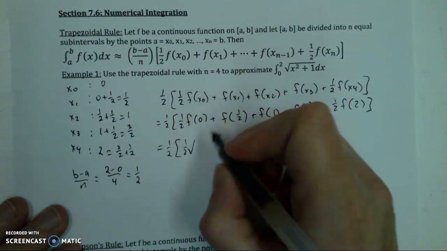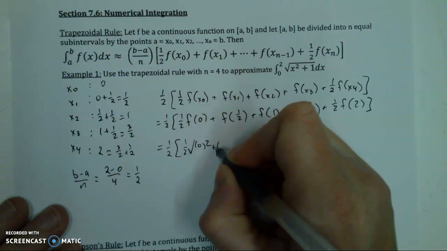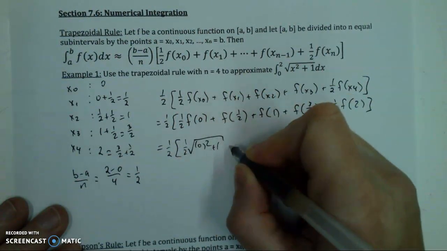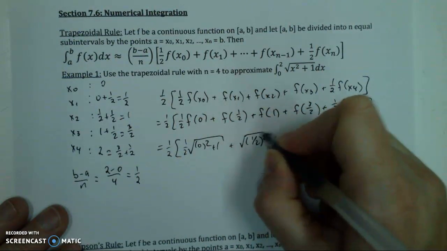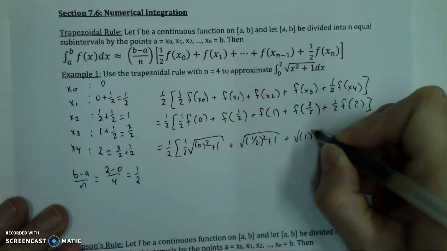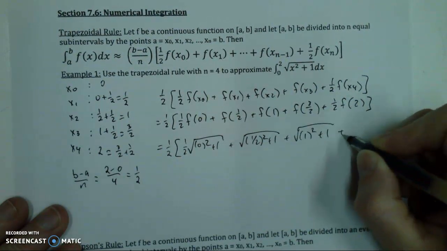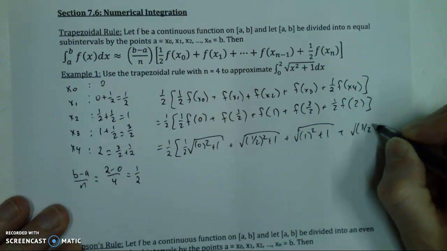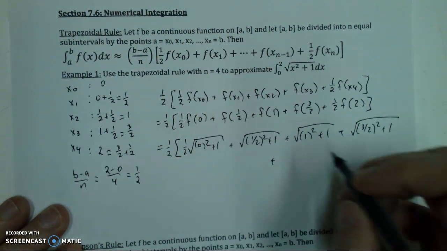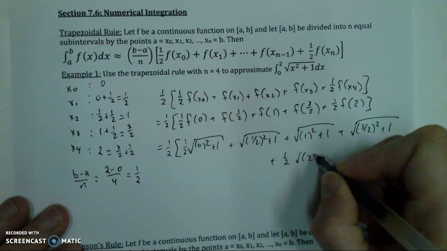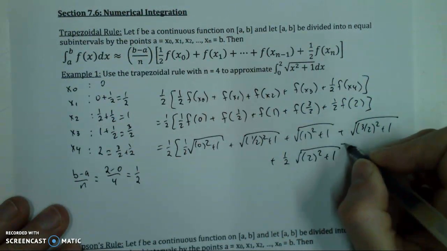So 1/2 times the square root of 0 squared plus 1 plus the square root of 1/2 squared plus 1 plus the square root of 1 squared plus 1 plus the square root of 3 halves squared plus 1. I'm going to have to drop down a line here because I've run out of room. So plus 1/2 times the square root of 2 squared plus 1.